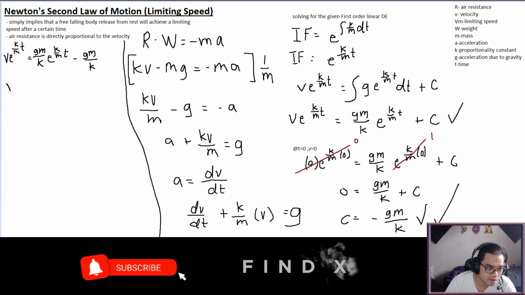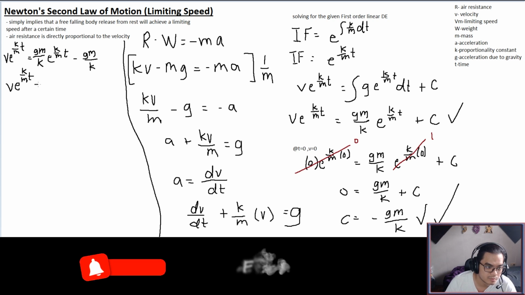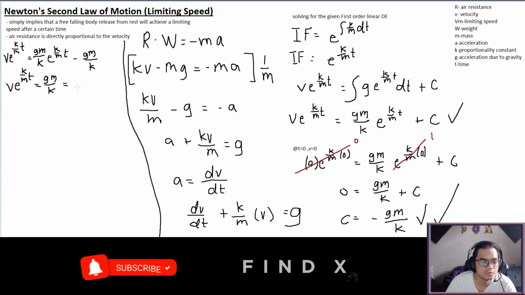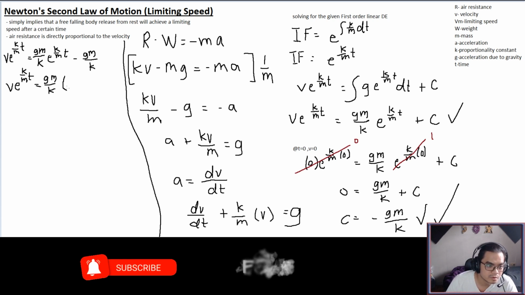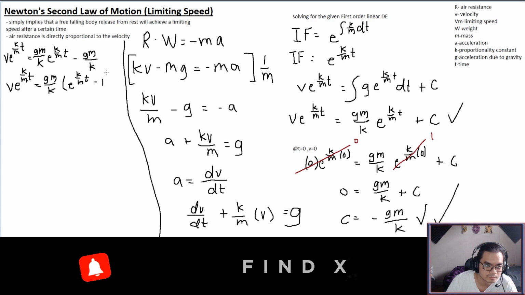So factoring that out, you have v e raised to k over mt must be equal to gm over k times e raised to k over mt minus 1.